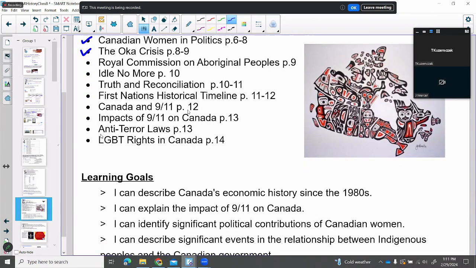Learning goals: I can describe Canada's economic history since the 1980s. I can explain the impact of 9/11 on Canada. I can identify significant political contributions of Canadian women.